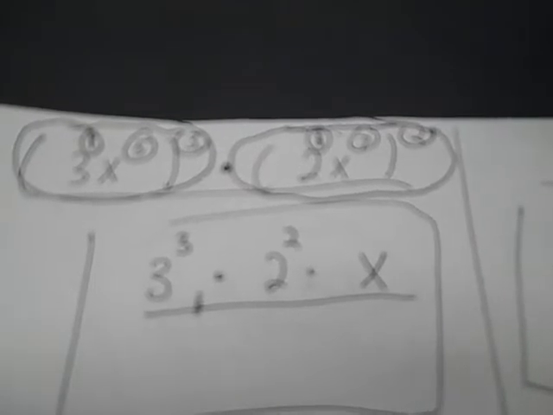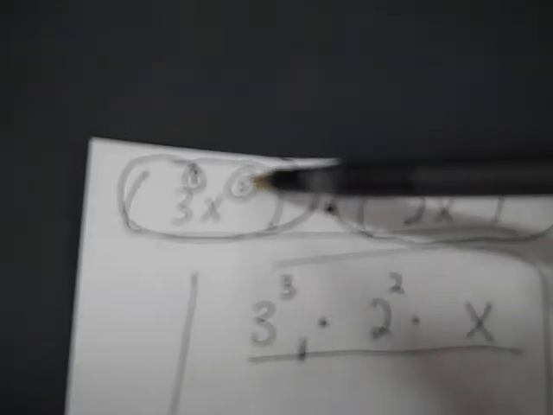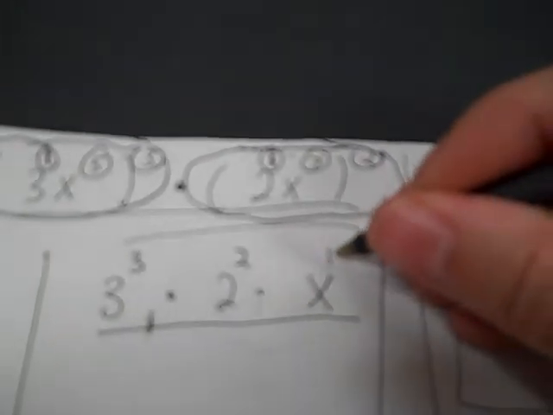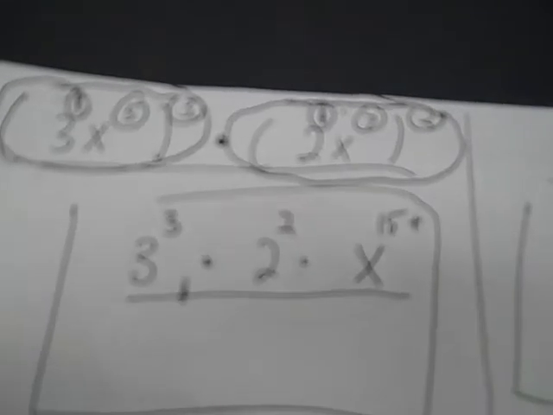Okay, now x variables. First off, look at how many of them you have. You have one here and one here. So here's the first one. Now it's to the 5th power, but I put it in parentheses because there was a 3 outside. That 5 has to be multiplied by 3. 5 times 3 is 15. And that's multiplication, so we're going to add.